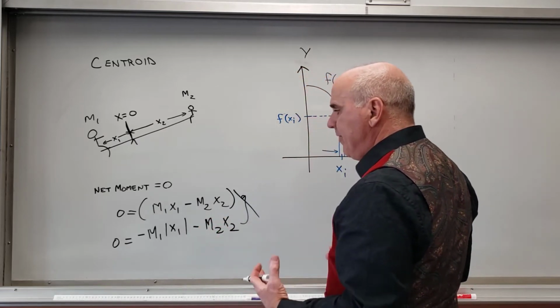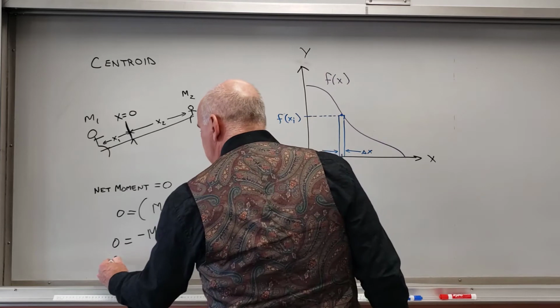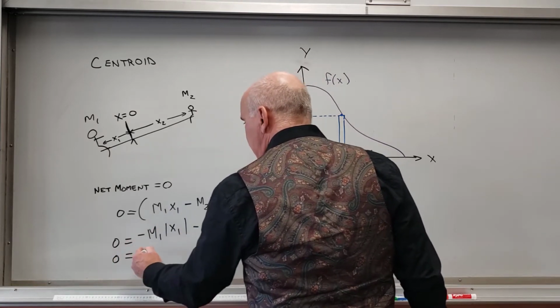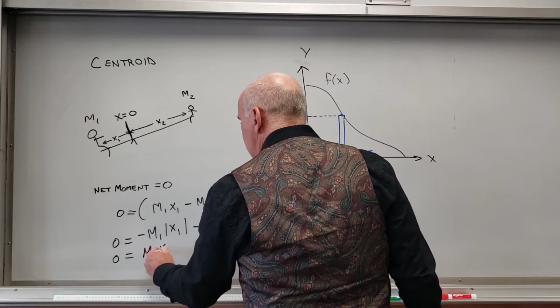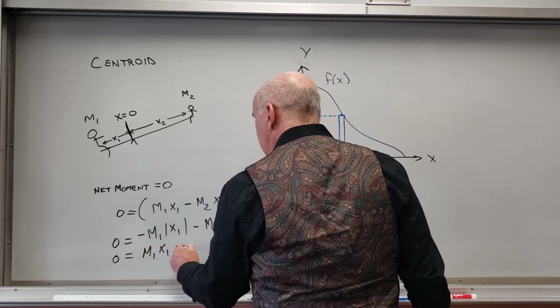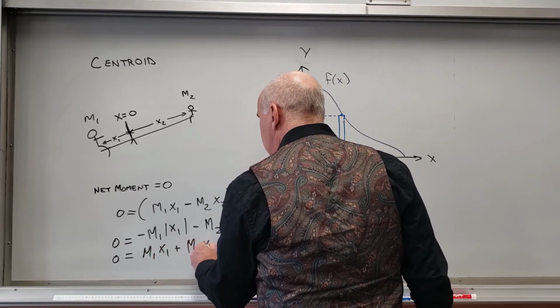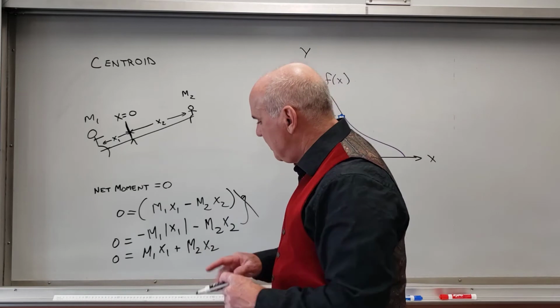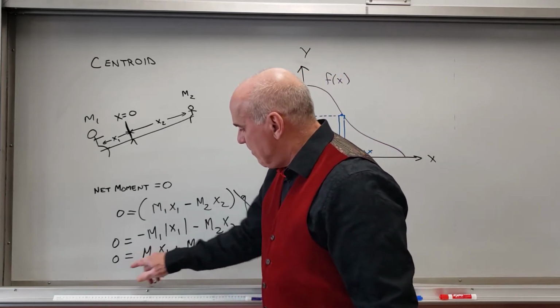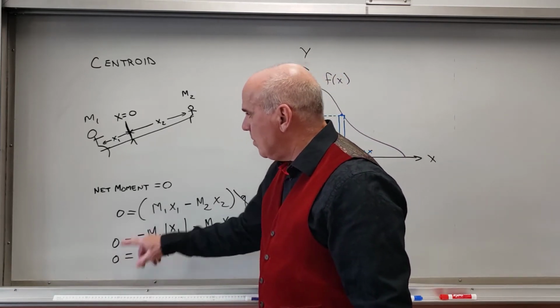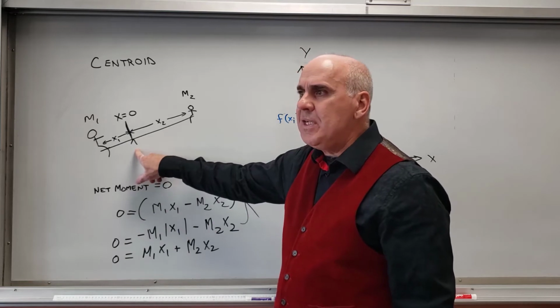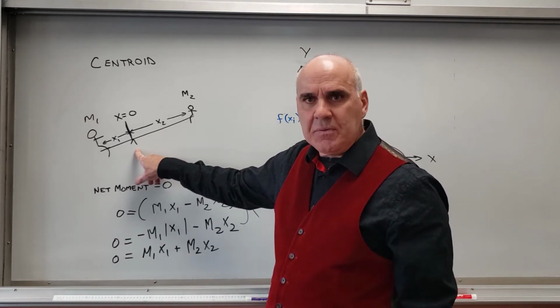And so what we find out then is that 0 is equal to, because the minus signs will go away, m1 times the magnitude of x1, plus m2 x2. And so this is telling me that when I add these together, I get 0. Well, what's at 0? 0 is the center of mass of the system.